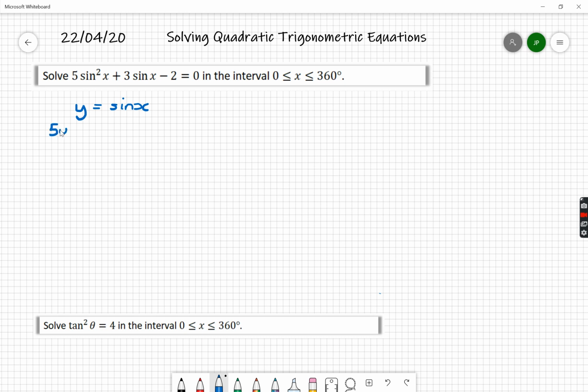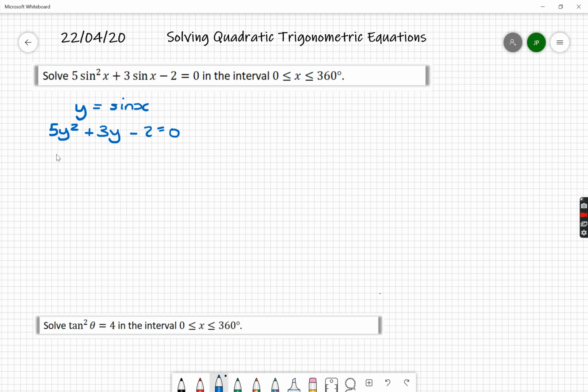So this will now become 5y squared, because I've got sine squared x, plus 3y minus 2 equals 0. Okay, we're now into a normal quadratic form, so I can solve the equation however you want to solve it. Remember, if you solve using your quadratic solver on your calculators, you have got to show using the quadratic formula as well, otherwise you will be losing marks.